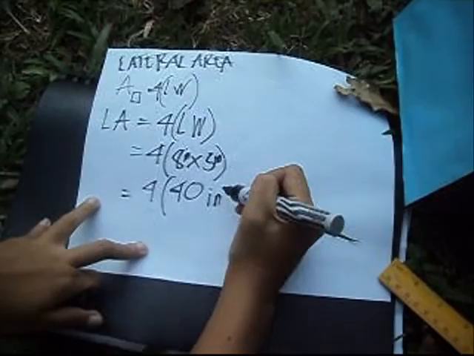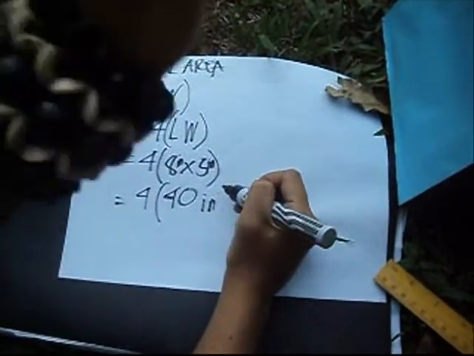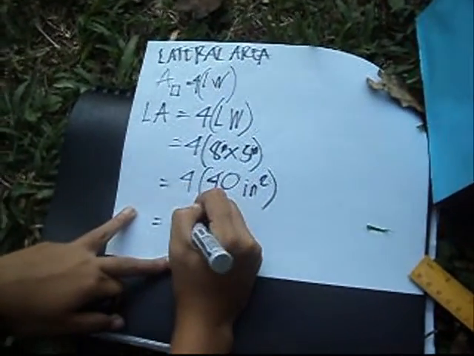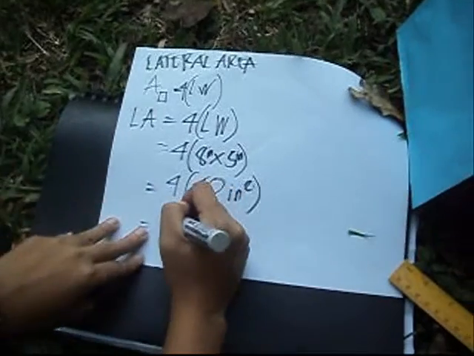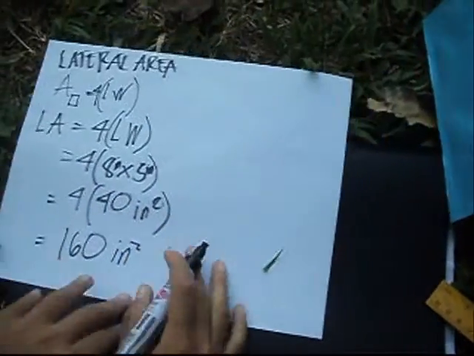This will be inch squared because inch times inch is equal to inch squared. Our lateral area will be 160 inches squared.